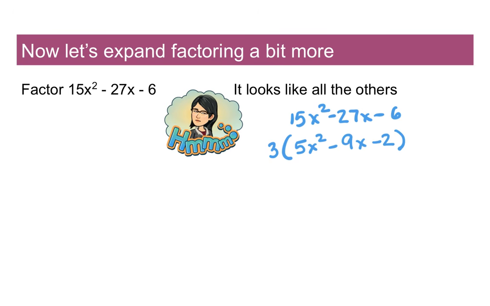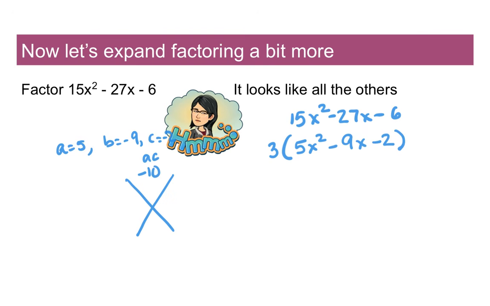Now I'm going to use my normal process for factorizing the trinomial that is in the parentheses. So here is the x. A is 5, B is negative 9, and C is negative 2. A times C is now negative 10.